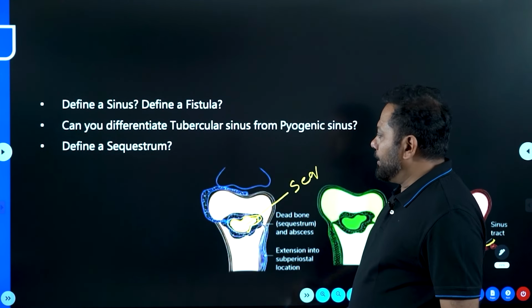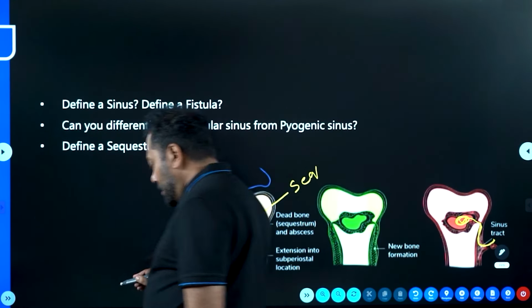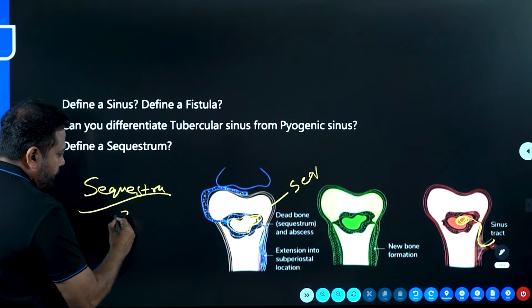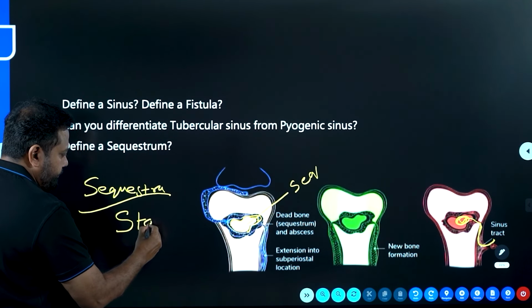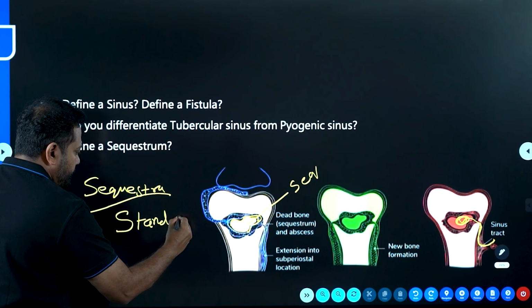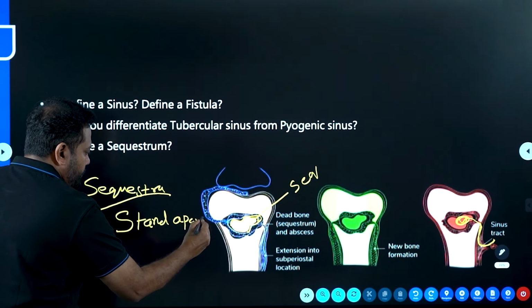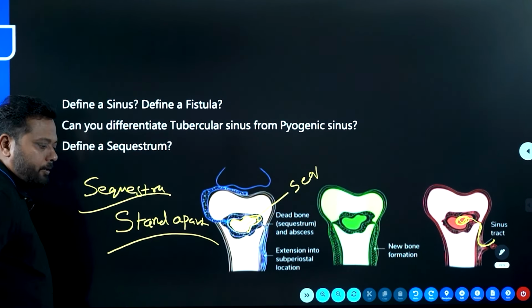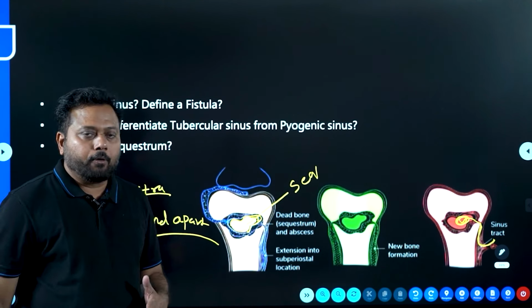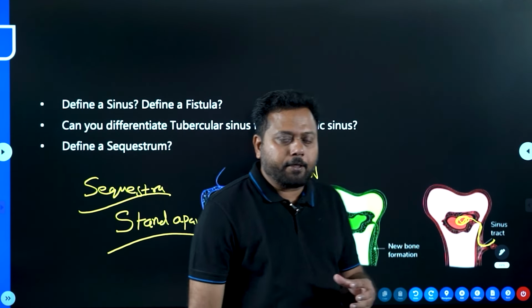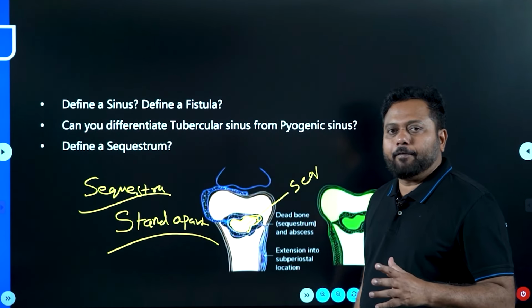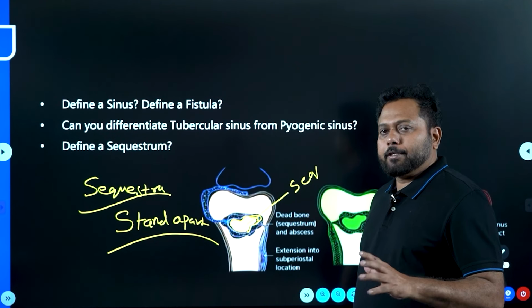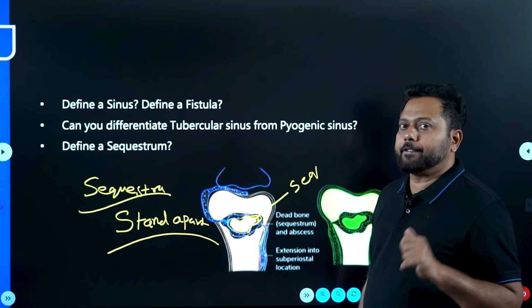In Latin, sequestra means stand apart, stand alone. So it's getting separated from the living bone. It's alone. That's the literal meaning of sequestra.